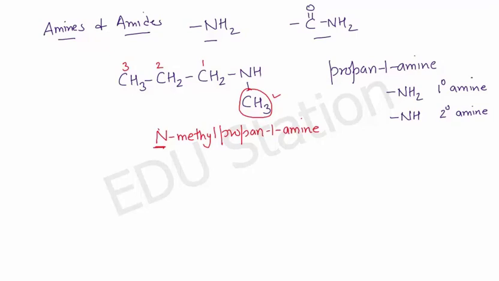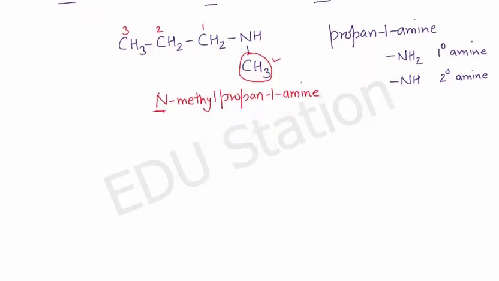Now let's say we'll just modify this slightly, and we have something like CH3, CH2, CH3N. If I were to write NH2, this would have been primary.